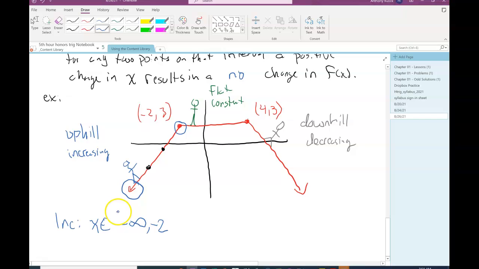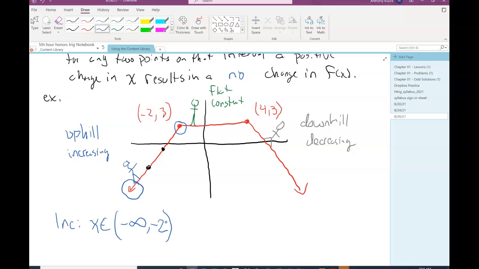Now we know the infinities always get a parenthesis. And based on the definition of increasing, any finite endpoint will also get a parenthesis. That's because if I pick two points on the interval, I can't pick a point to the right of negative 2 and still have it increasing. So the endpoints are always going to have parentheses in our intervals.